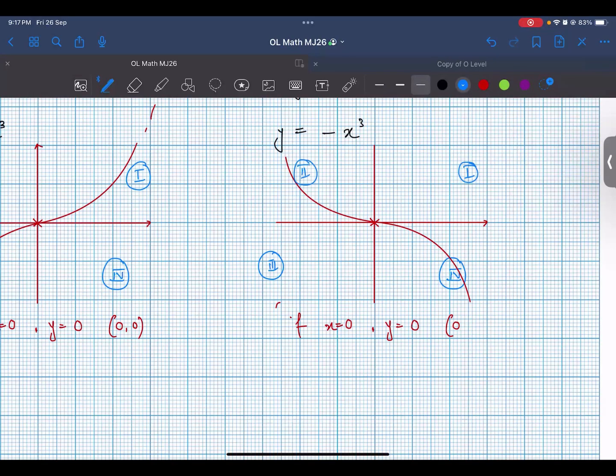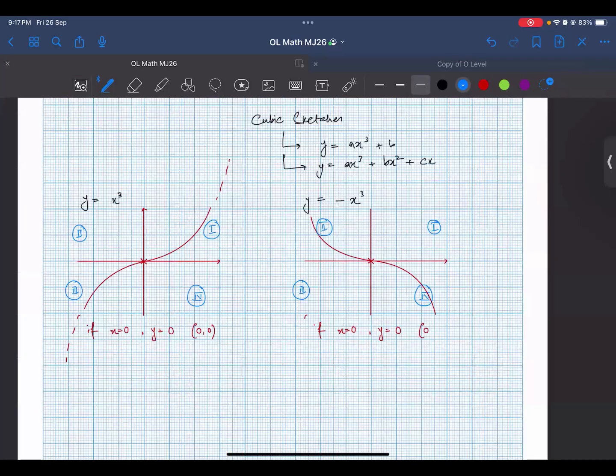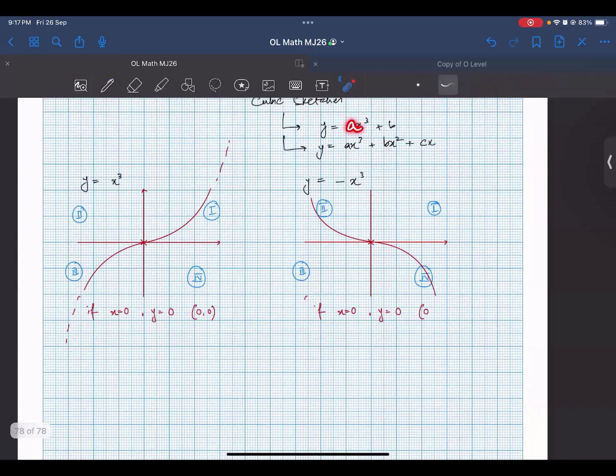And I will tell you what tells you which quadrant it will start from and go towards. You can see over here the value of A is positive. A is 1 in this case, which is greater than 0. And over here your A is minus 1. Look, ax cube is minus 1x cube, which is negative.